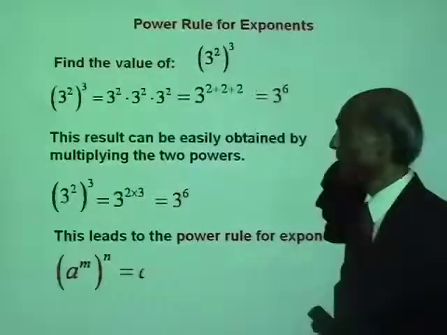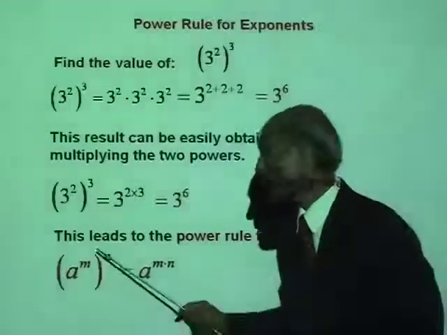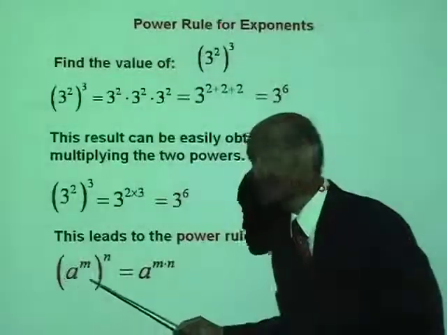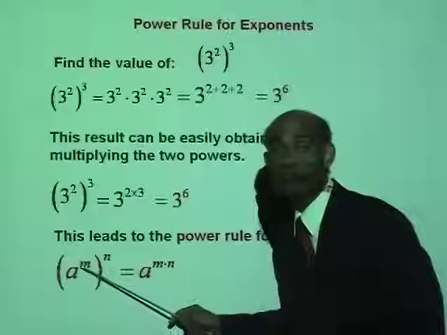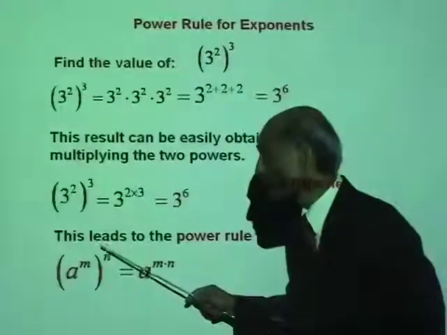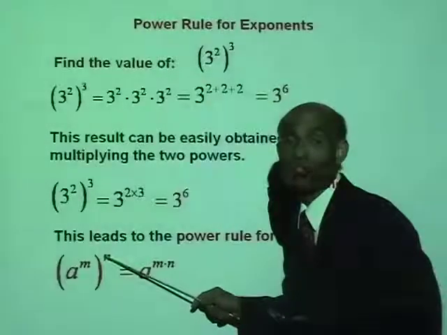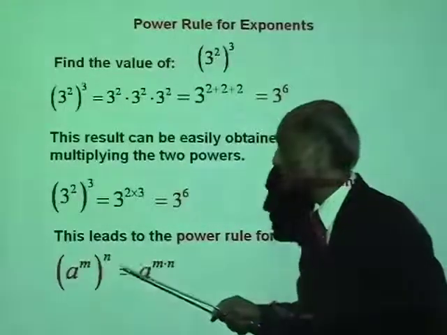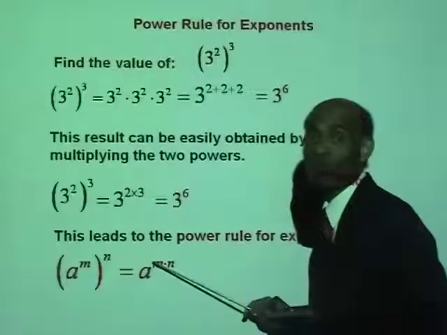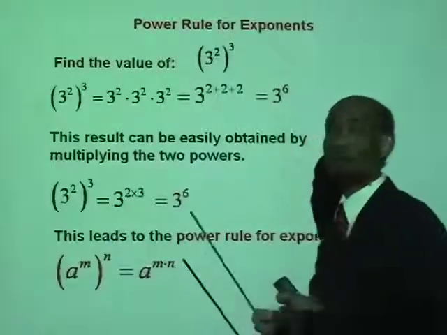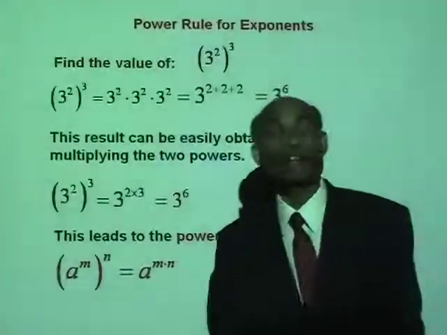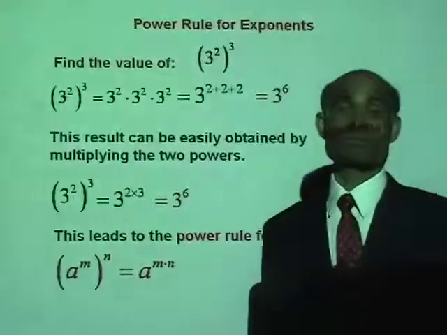What does the power rule say? You have an exponential expression, a to the power of m, and raise it to a power n. What do you get? Multiply the powers, equal to a to the power of m multiplied by n. And that is the power rule.